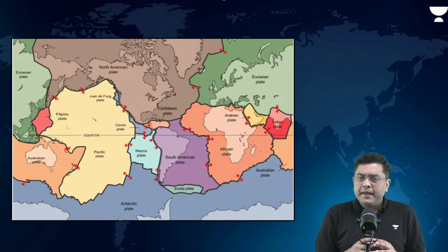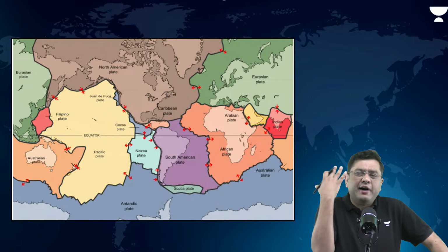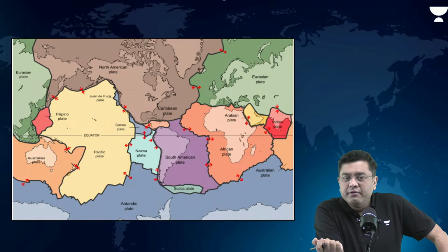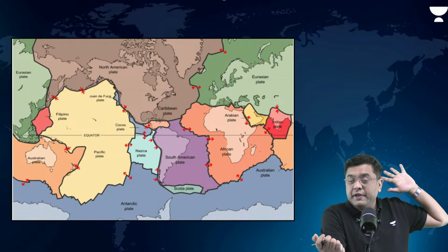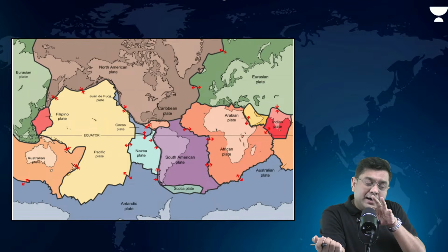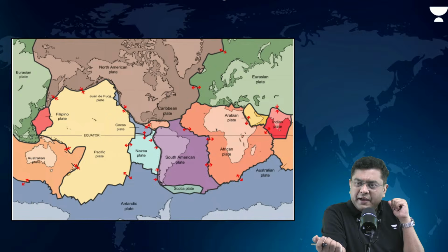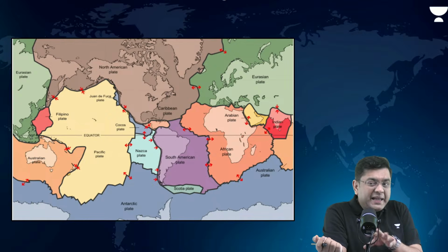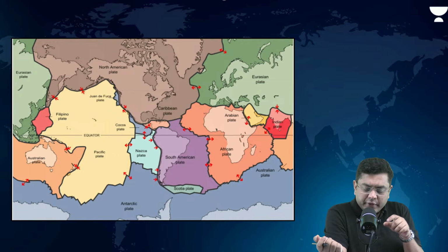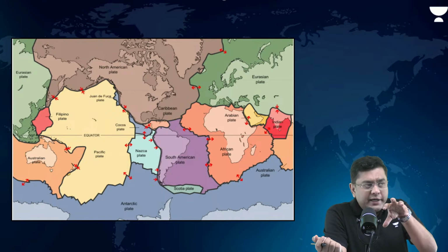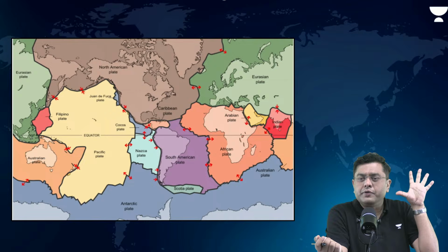Now, in fact, what was Wegener suggesting? Wegener was suggesting that North America started moving away from Europe, South America started moving away from Africa. But here, they came upon an idea based upon the distribution of earthquakes and volcanoes that it is not only continent or only ocean which moves.